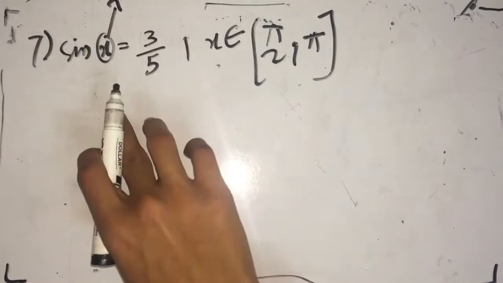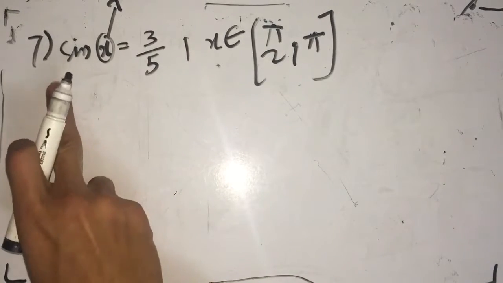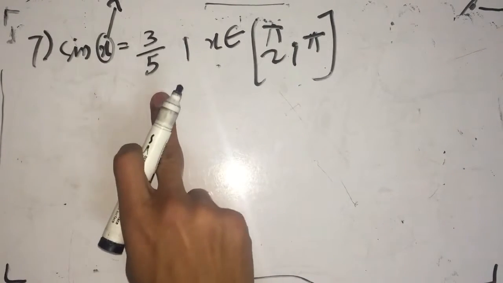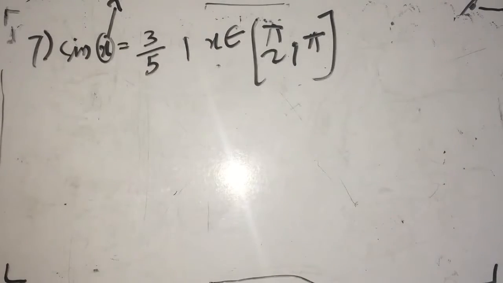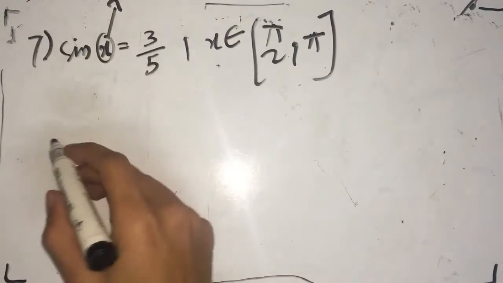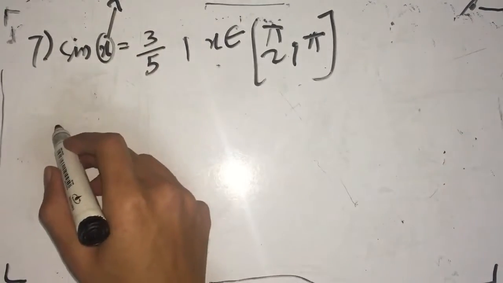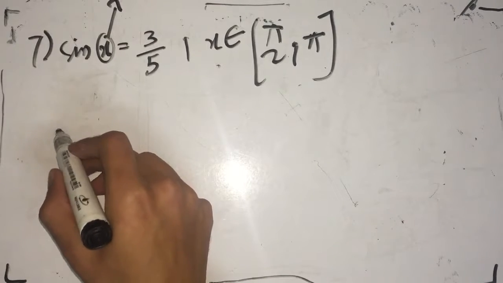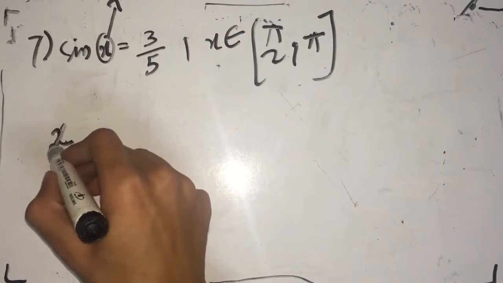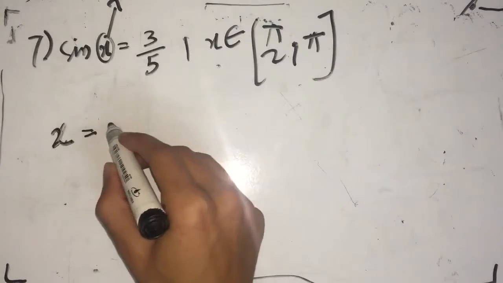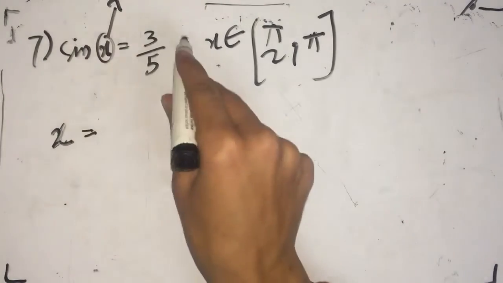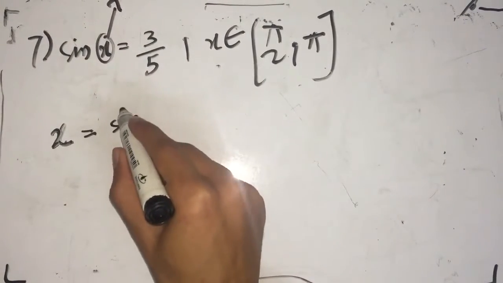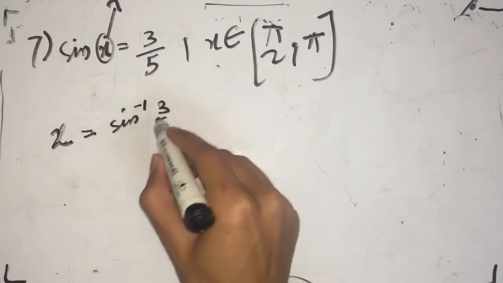We need to find the angle whose sine is 3 by 5. So first you want to find the x. So x equals, when sine is shifted over there, it becomes sine inverse of 3 by 5.